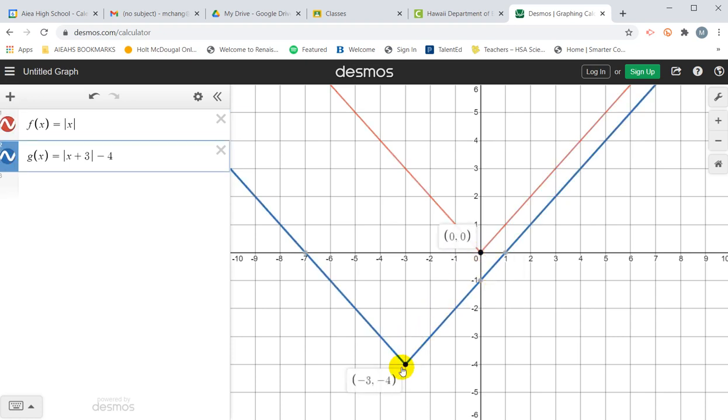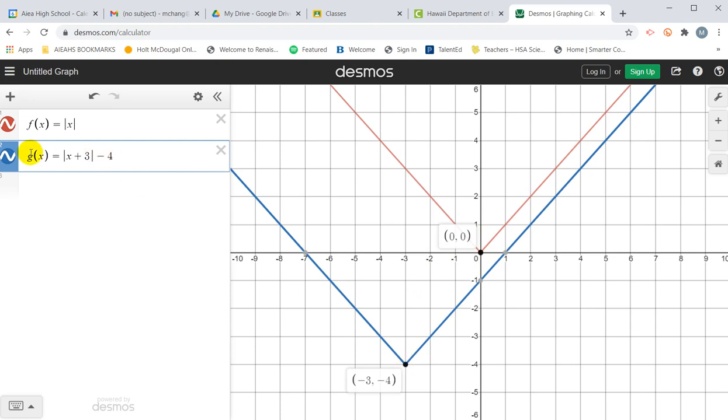So if we look at each of the vertices of these graphs, our parent function starts at (0, 0). But then if we look at our transformed function, what we have is that this absolute value graph is shifted 3 units to the left and 4 units down. Okay, so that's generally how that works.